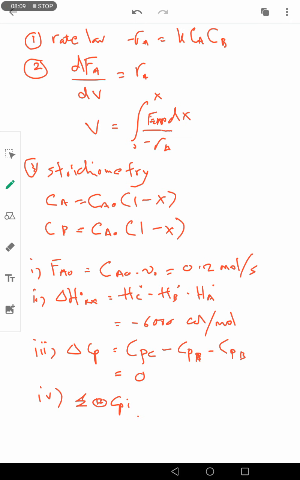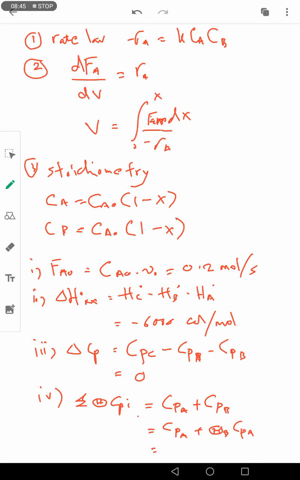Everything yang masuk lah, species yang masuk, tak semestinya reactant. Kalau ada inert, you kena kira inert juga. Tapi species yang masuk dalam kes ni adalah species A dan species B. Okay, tapi species B ni it has to follow the stoichiometric for species A. Jadi you kena cari yang stoichiometric untuk B darab CPA.